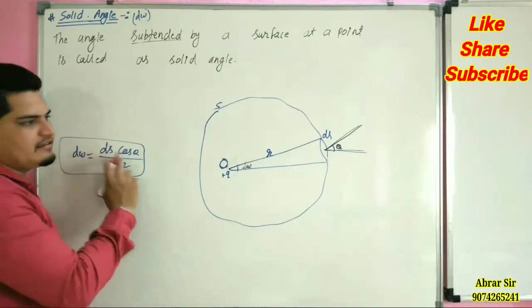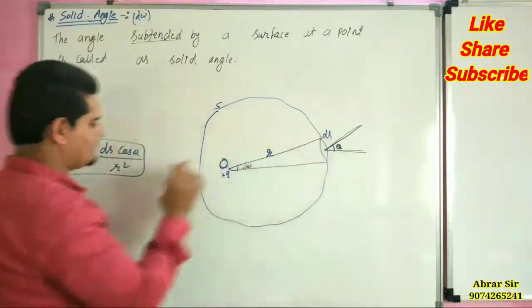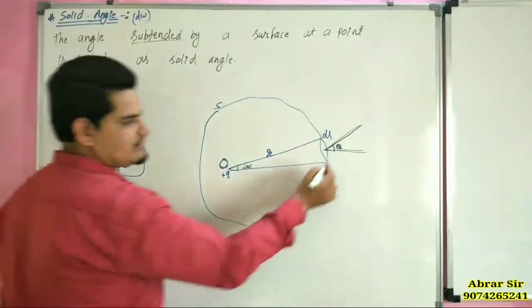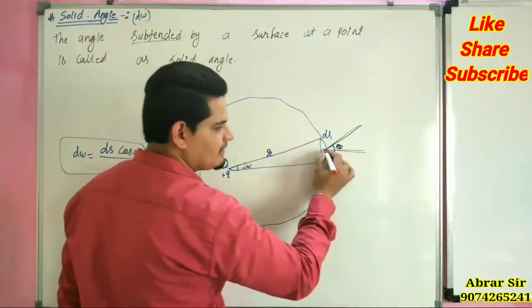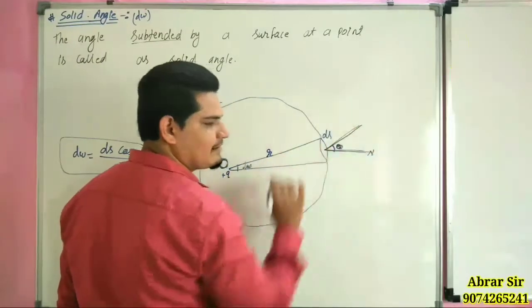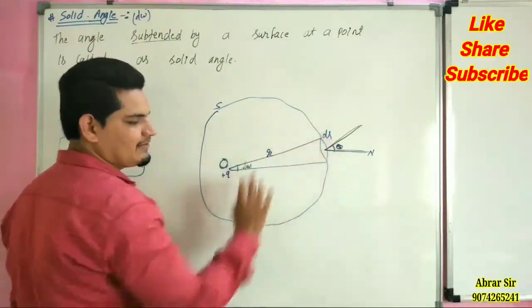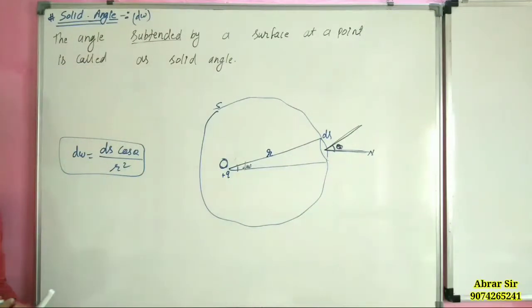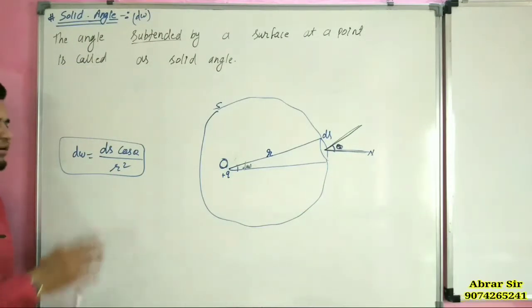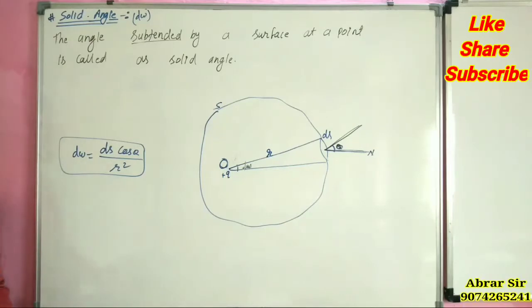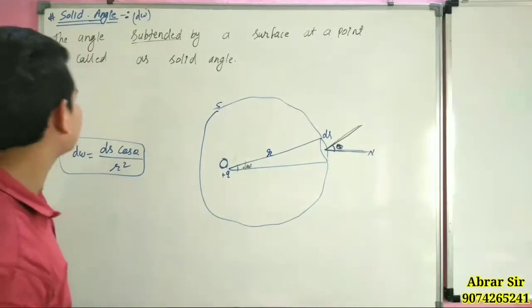Here ds is the small surface, theta is the angle between the normal and the electric lines of force, and r is the distance between O and this surface. So this is the solid angle. It will be used only in Gauss theorem. It is not that important.